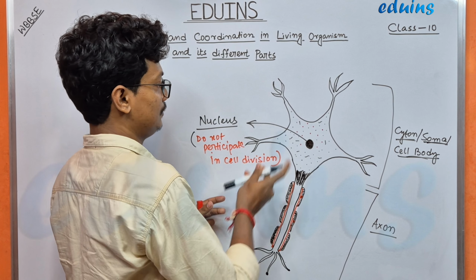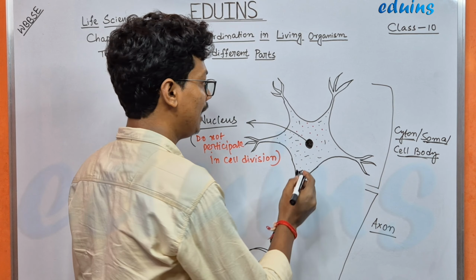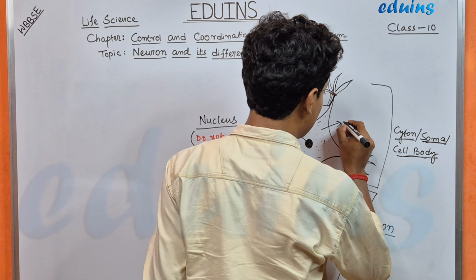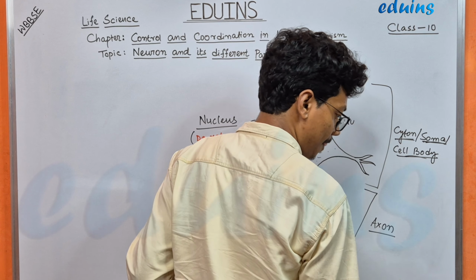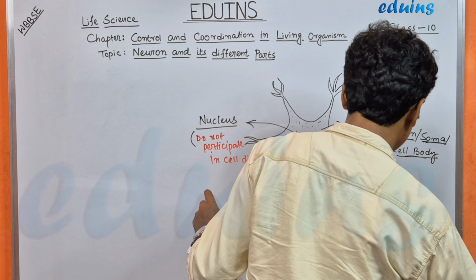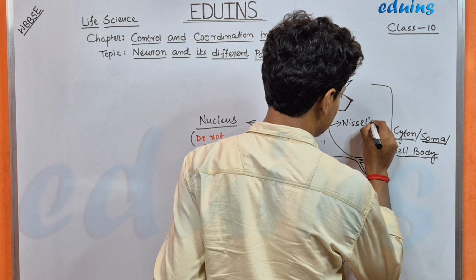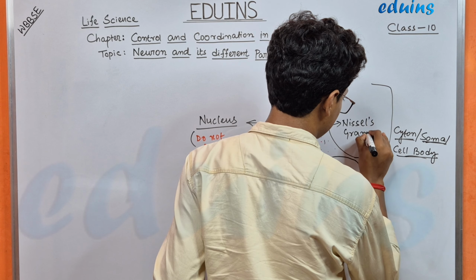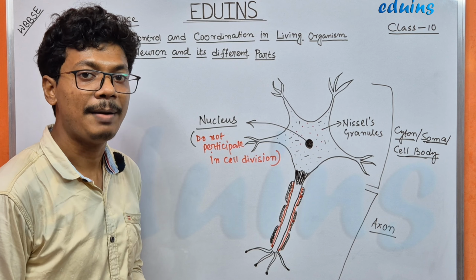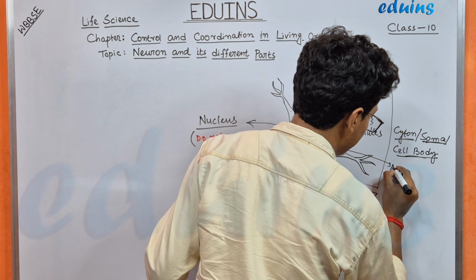Second, the cellular part, or cell body part, also contains some riboproteins that are known as Nissl's granules, and some fibrous structures known as neurofibrils.